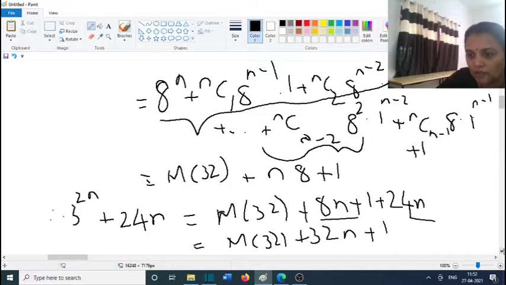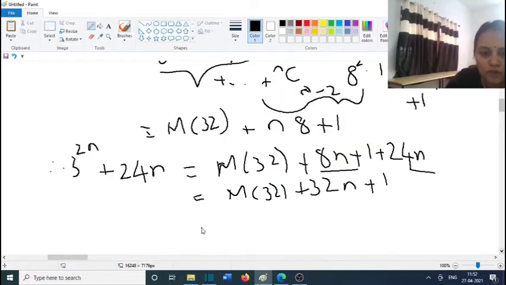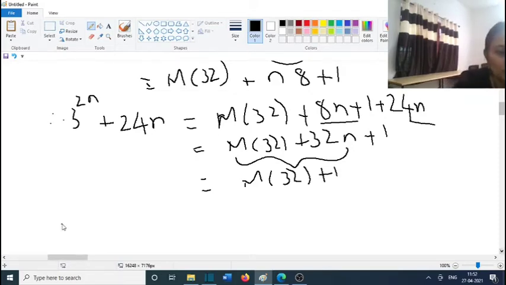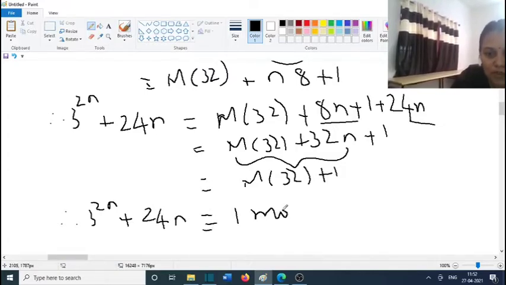So 32n is a multiple of 32. So these two terms are again a multiple of 32, plus 1. Therefore 3 raised to 2n plus 24n is congruent to 1 mod 32.